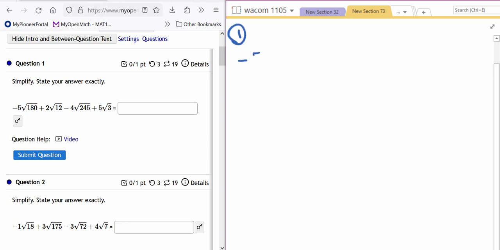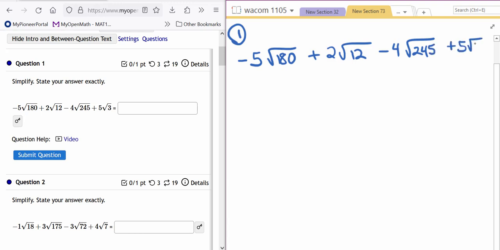Most of them are not this bad. All right, and the last piece is okay. Because you can't simplify the square root of 3. So basically on these 3, we have to simplify those first and see if we have any like radicals.